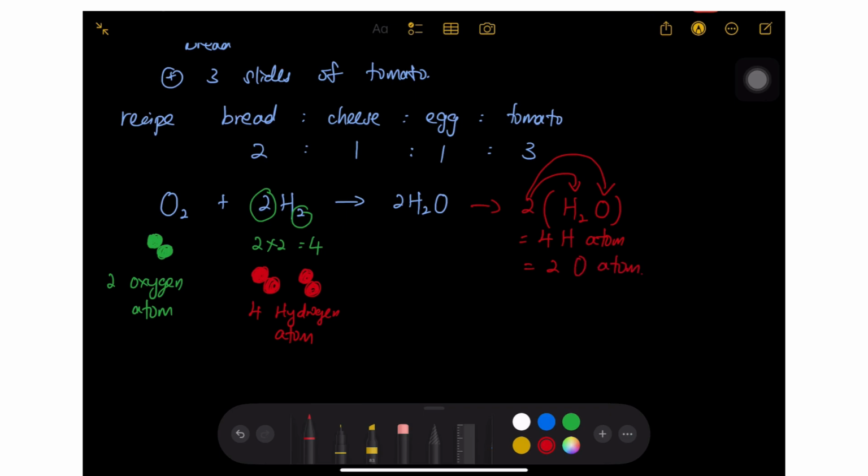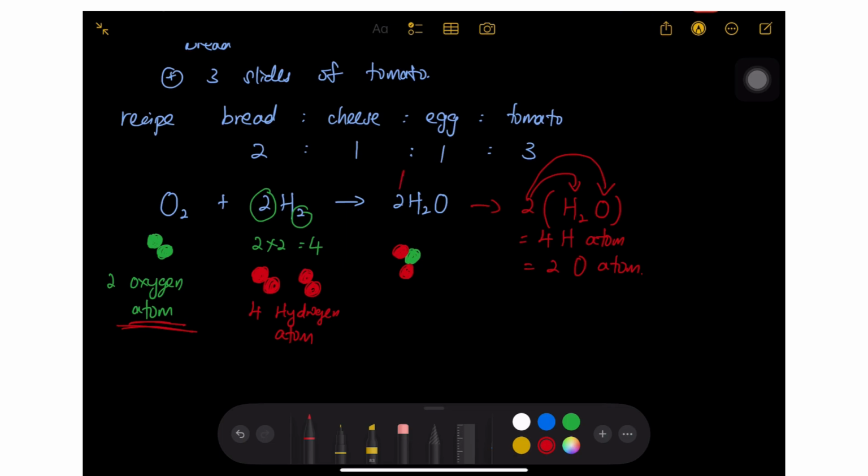So in this case, I will draw like this. Just now, oxygen atom is a green color one. So I have an oxygen atom with 2H2 here. The H is represented by the red color atom.